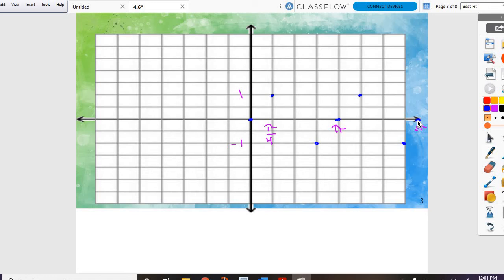Now let's remind ourselves and think back to some of our other types of graphs that we had, and what that's going to look like on a graph. You can either just jump over it, which gives us an empty circle.